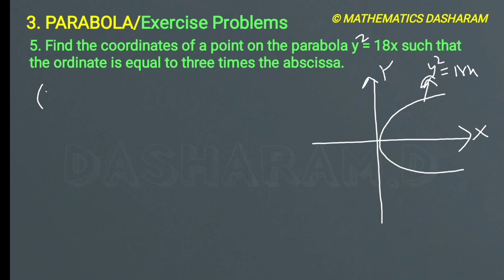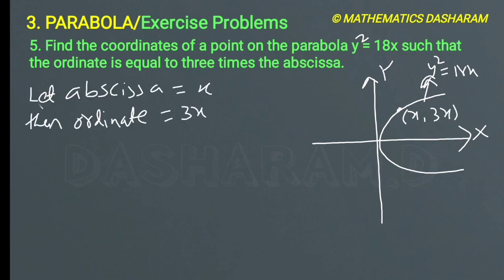So first I am selecting the abscissa as x. Now the ordinate will become 3 times the abscissa, that means 3 into x. So this point will be on the parabola: (x, 3x). Now the point (x, 3x) lies on the parabola y squared equals 18x.